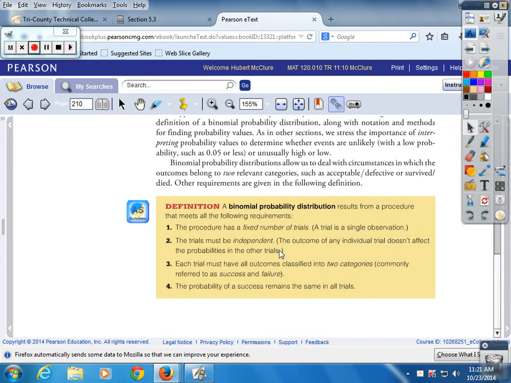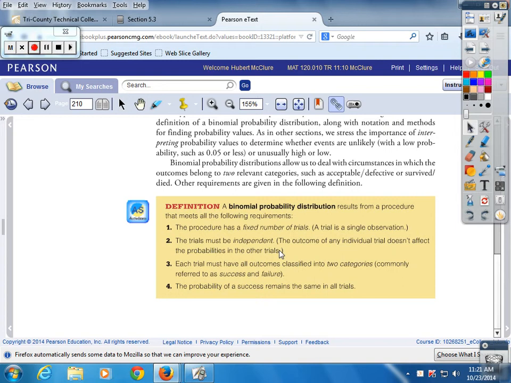In other words, the probability is not affected because you replace. It's with replacement. So most of them are with replacement. And the probability of success is the same in all trials. So that means flipping a coin. It's either going to fall on heads or tails. That's your 0.5 probability.